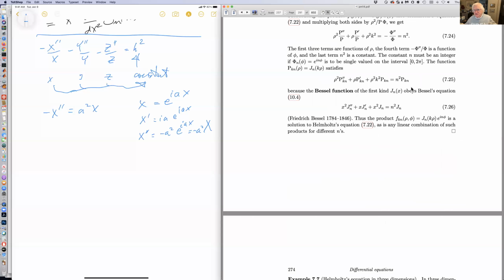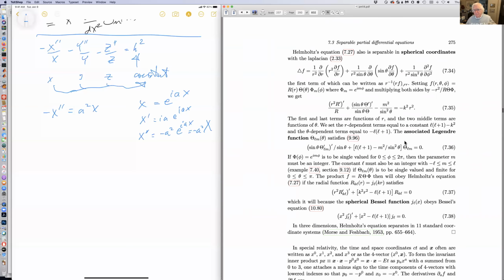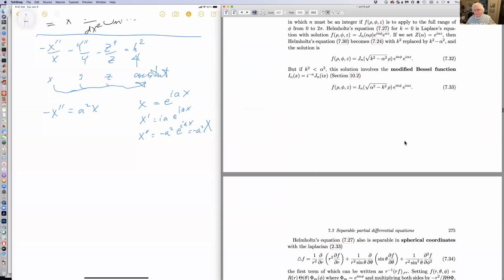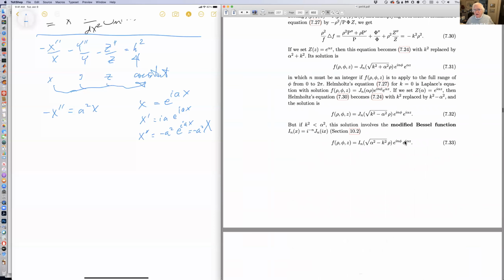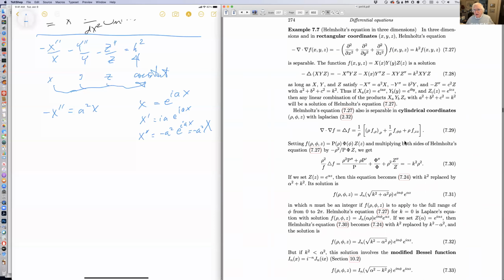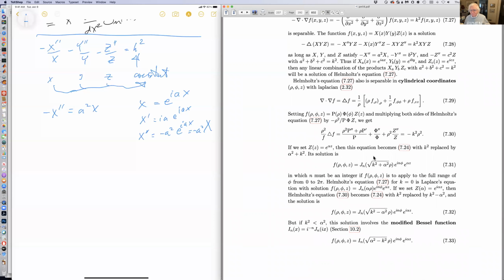In other words, it's this one. We get this equation, but we get it with k squared replaced by alpha squared plus k squared.